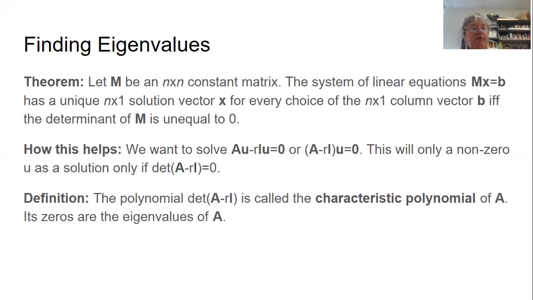But the determinant of that is just going to be a polynomial in r. If it's an n by n matrix, it's going to turn out to be a degree n polynomial in r. And that polynomial, the determinant of A minus rI, is called the characteristic polynomial of A. And its zeros are the eigenvalues of A.